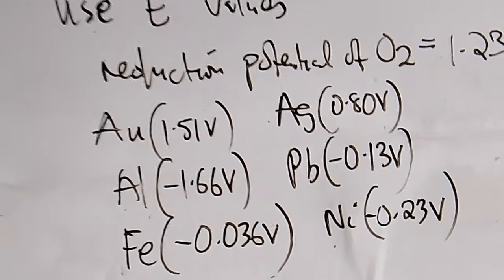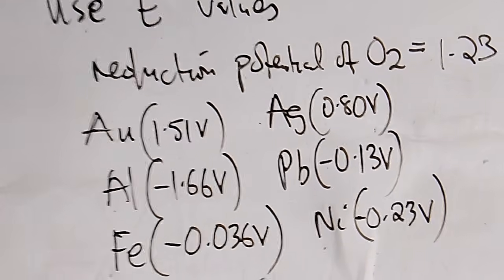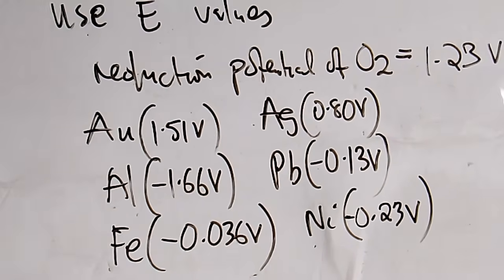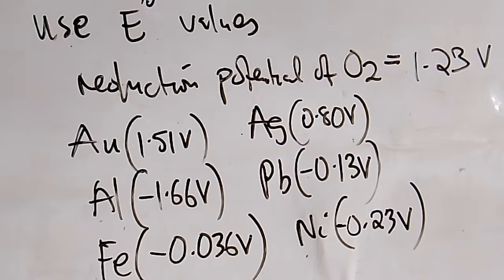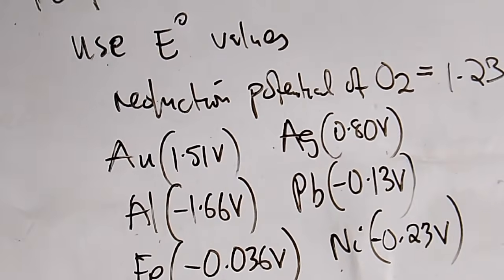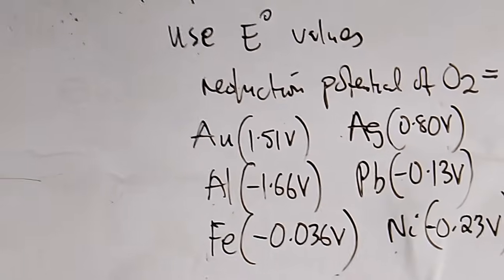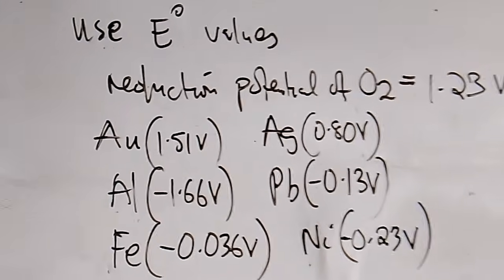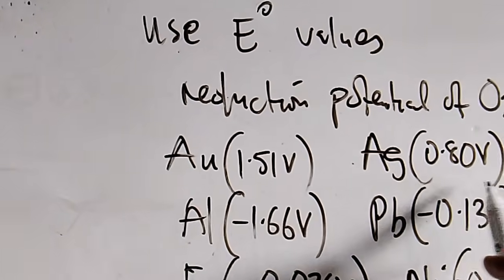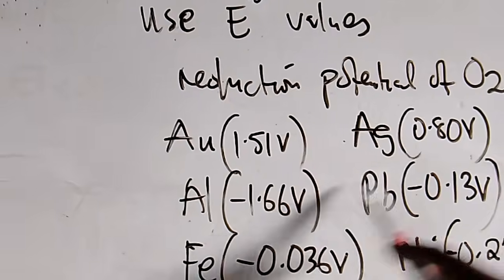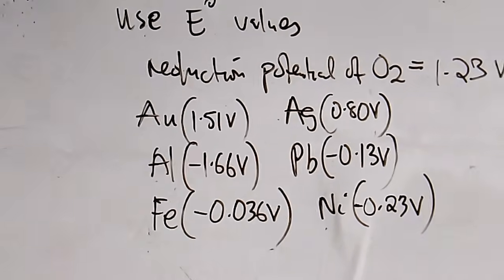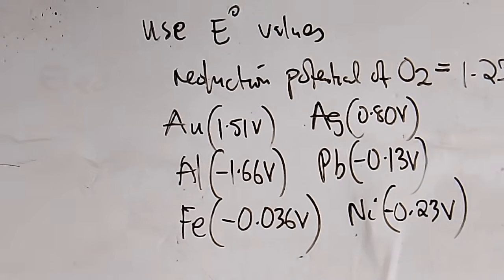So a metal with a standard potential lower than that of oxygen will be easily corroded. Okay, so from these we can see, we compare. For oxygen is 1.23. So all these metals except gold have reduction potentials lower than that of oxygen.